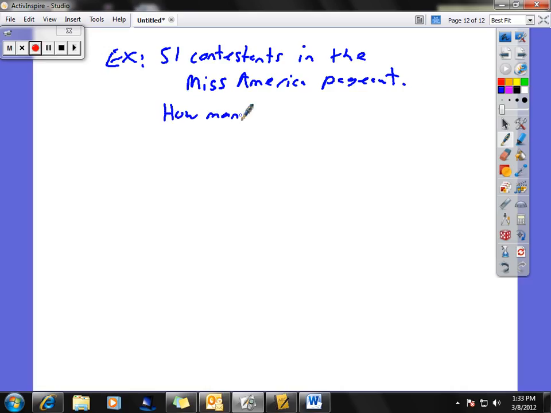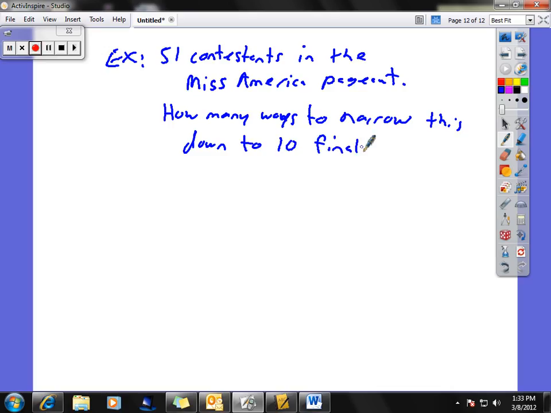How many ways to narrow this down to 10 finalists? So we've got to get 10 finalists out of these 51 contestants. Does the order of the finalists matter?